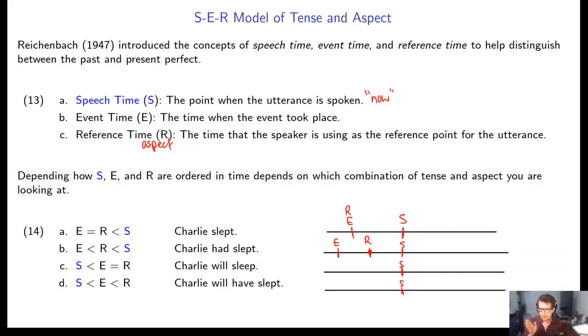So at point R, Charlie had slept. Instead of just saying Charlie slept, we're speaking now, thinking about a time in the past, R, and before that time, Charlie had slept already. The relationship between R and E, the fact that the event occurred before our reference, is giving us that aspect. It's giving us had.